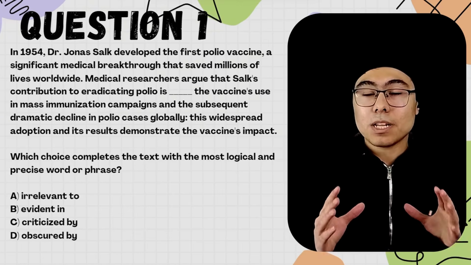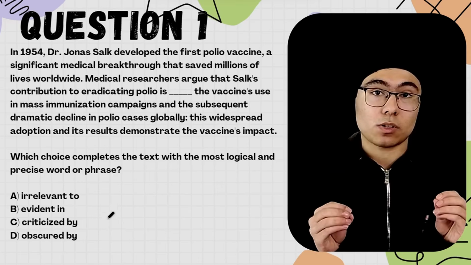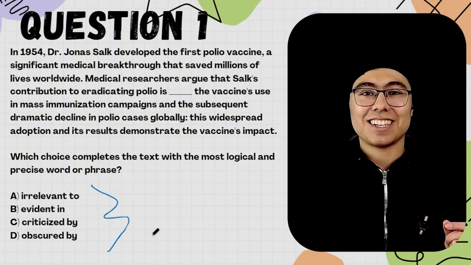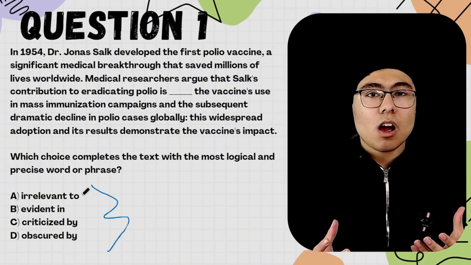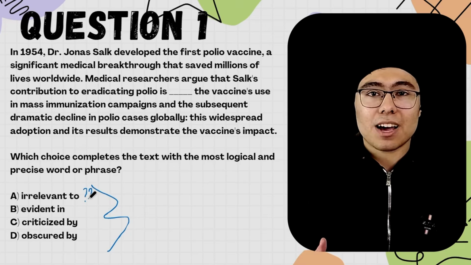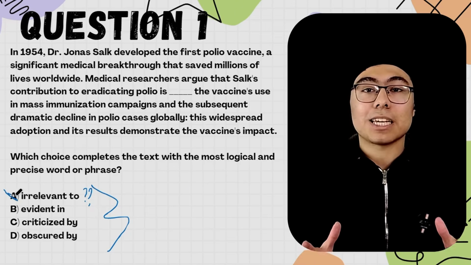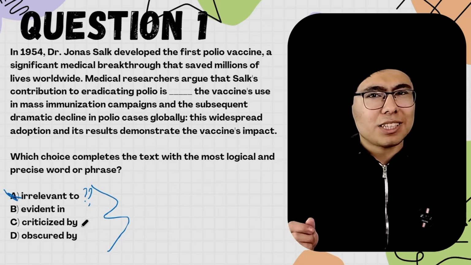Step number 2 is eliminating the nonsense answer choices. Look at the options. Some of them are ridiculous. Let's have a look at choice A, irrelevant to. Are you joking? The vaccine saved millions of lives. Of course his contribution is relevant. So let's eliminate choice A. Choice B, criticized by. Criticized?